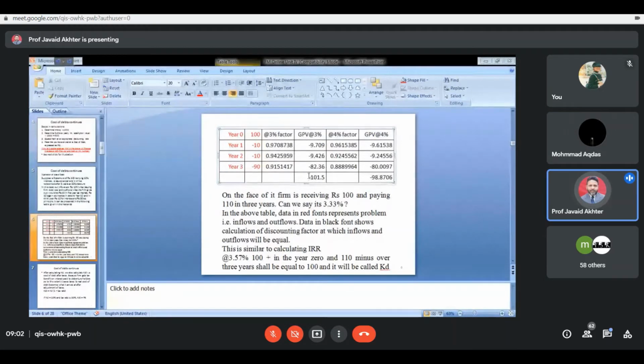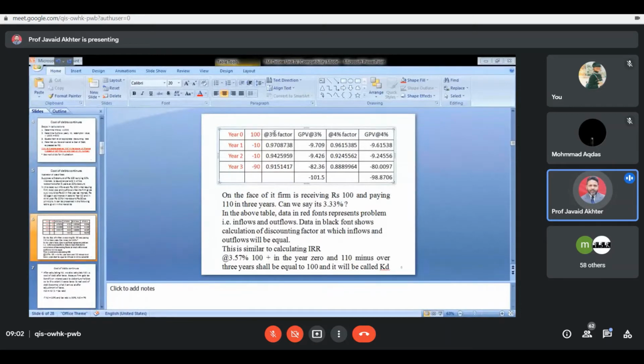Your question was, why have we started at 3%? At 3%, it is 101. So 3% is not my guess or my intuition. I have arrived at this 3% using the approximation rule, which I discussed when I was talking about the internal rate of return.